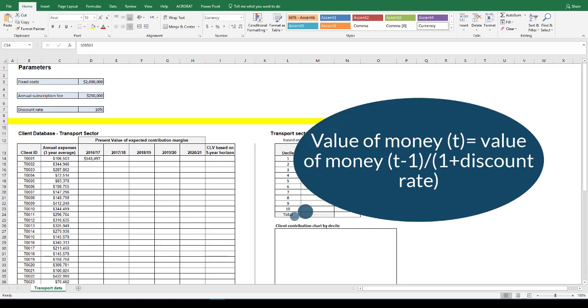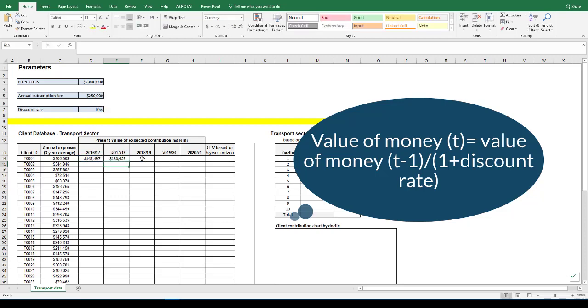Value of money in year T, for example in 2017, equals the value of money in the year before divided by 1 plus the discount rate. So what we have to do is find the contribution margin of 2017, which equals the contribution of the previous year divided by 1 plus 10%, which is the discount rate.